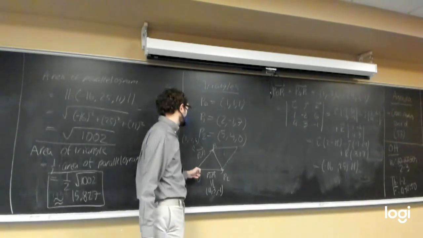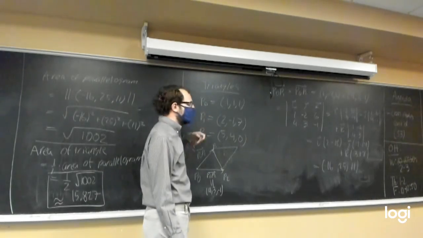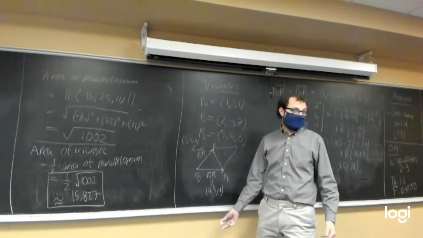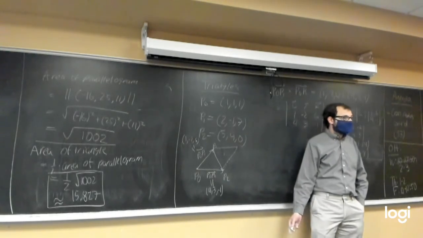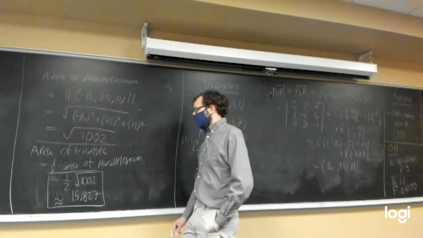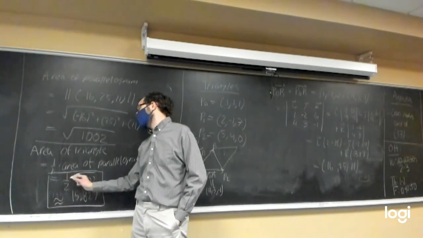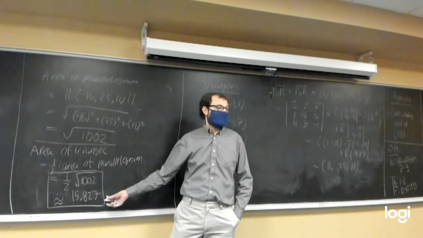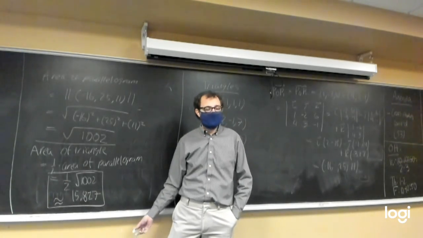So the area of this triangle from P naught to P1 to P2 is a little under 16 square units. If this was a quiz or test question, I would just expect you to leave it like this: 1/2 times square root of 1002. But I thought I'd give you a decimal approximation just for the sake of interest.